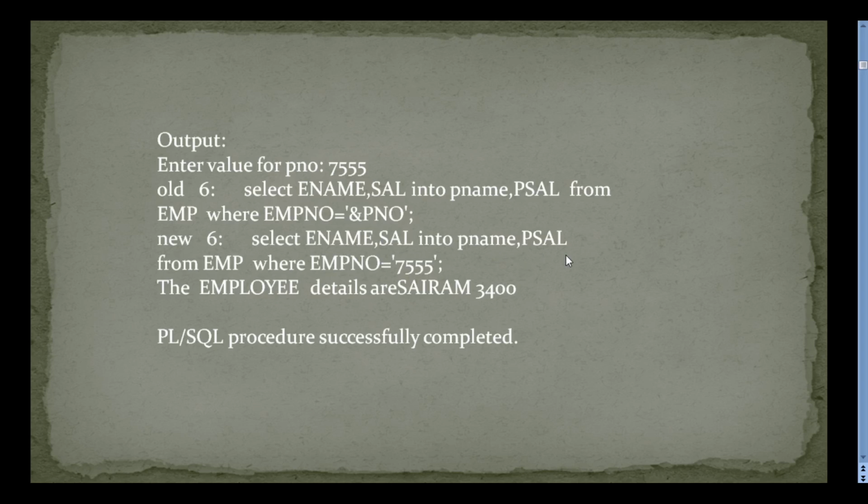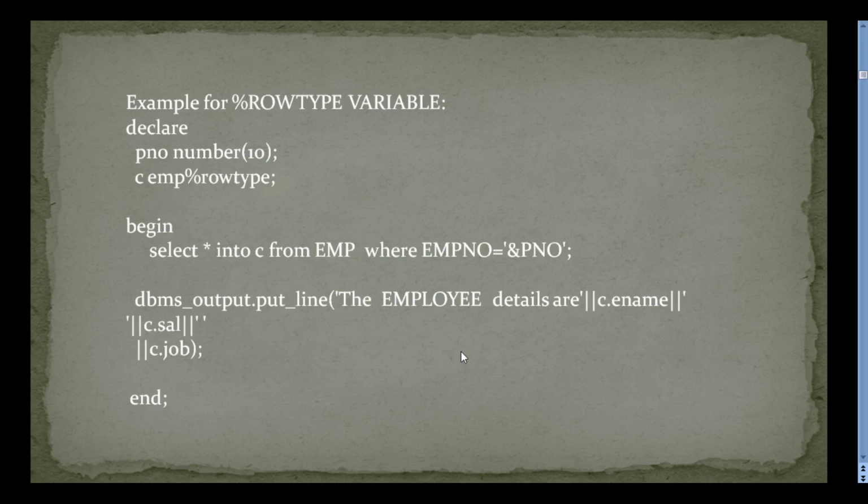We get the details, and then those details are printed here. The employee details are Sairam, salary is 3,400. PL/SQL procedure successfully completed. Do you remember, to get the output from the buffer to the console, you have to use the option SET SERVEROUTPUT ON at the SQL prompt.